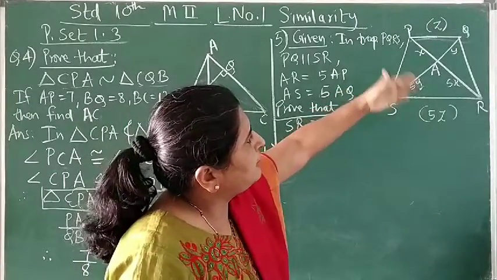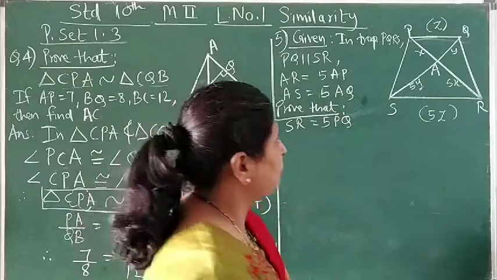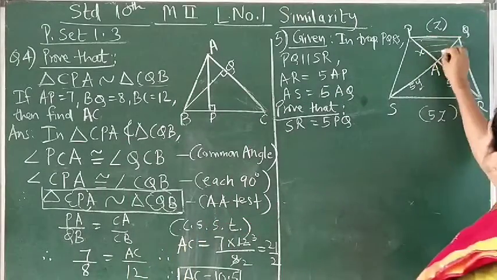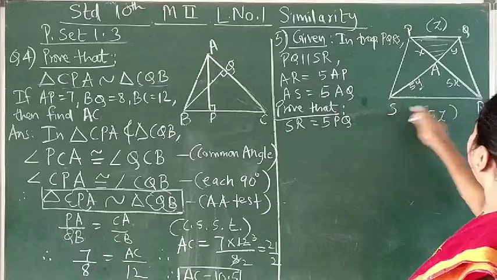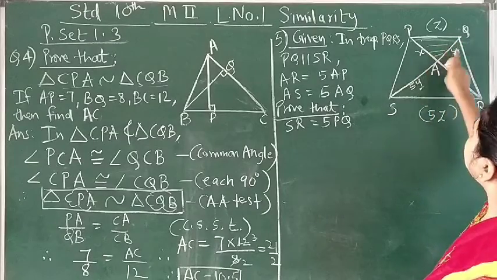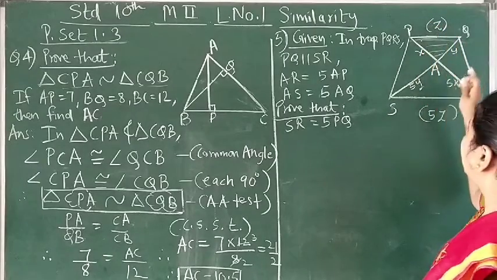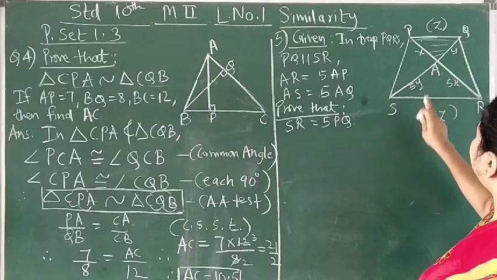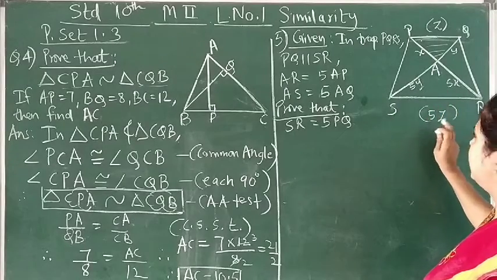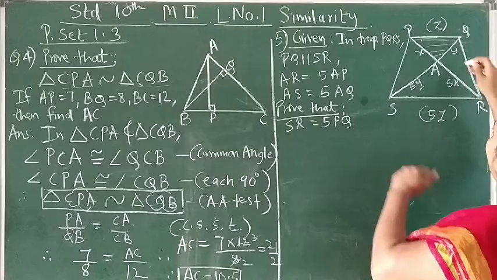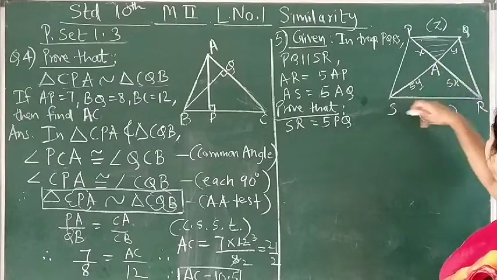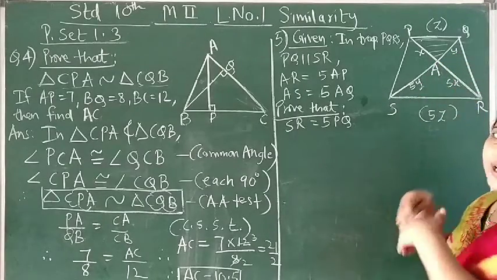If you observe this figure, we have two triangles, APQ and ASR, where the lengths are X, Y, and supposedly Z, and here we have 5X, 5Y, and we have to prove it is 5Z. Whatever the sides of triangle ASR, we have to prove it is 5 times.